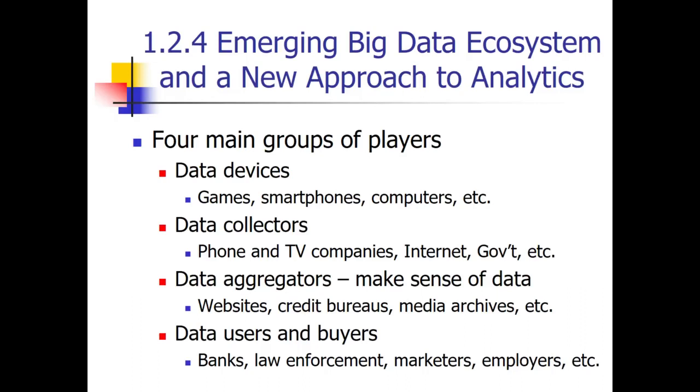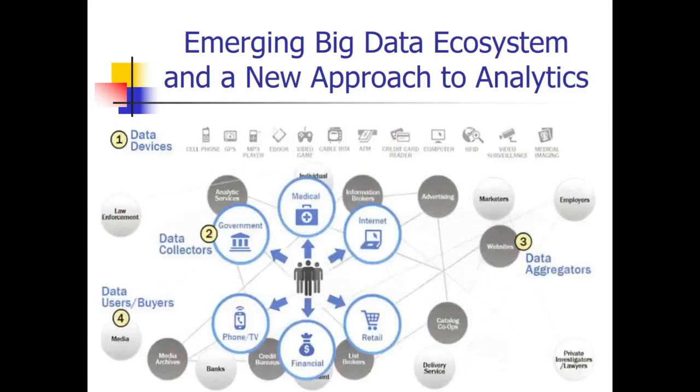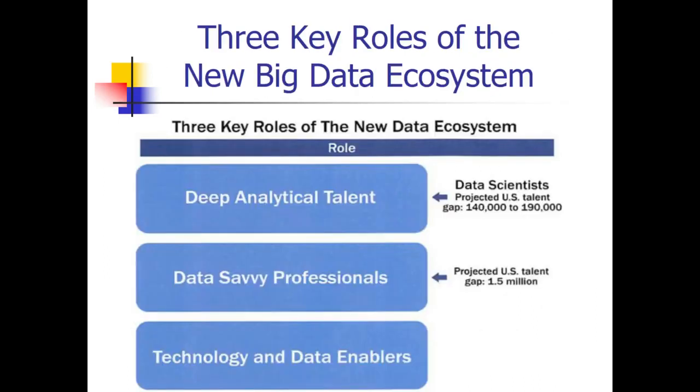Then my users' data may be useful for some other consultancy companies, so I will sell the data to other companies legally with some process. That's why data users and buyers come under this fourth group of players. The same thing I represented in this pictorial manner, showing the fields available and the fields we are using for these different types of data. Now, three key roles of the new big data ecosystem.